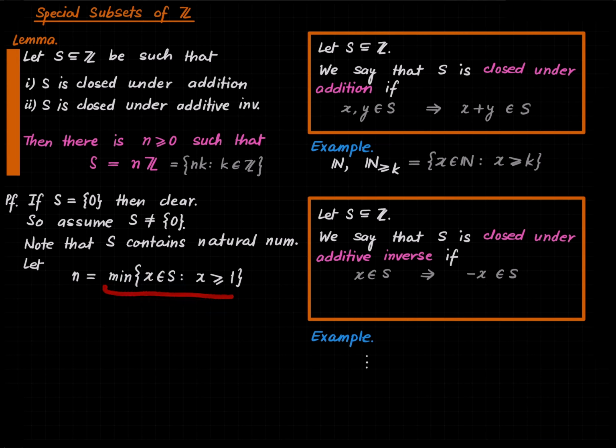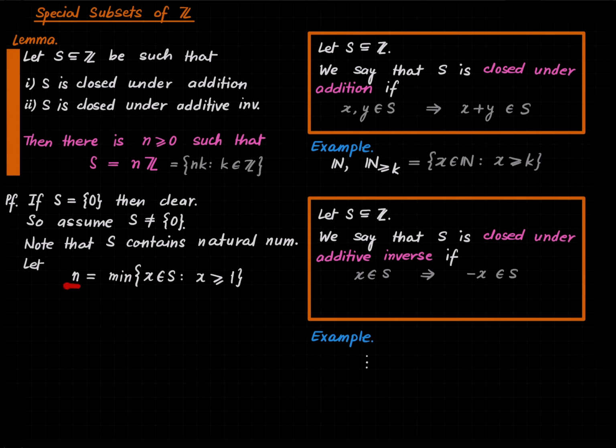Any non-empty subset of natural numbers has a smallest element. That is called the well-ordering principle. So this is a well-defined natural number. The statement is at least intuitively trivial, but it's a very crucial statement in mathematics.